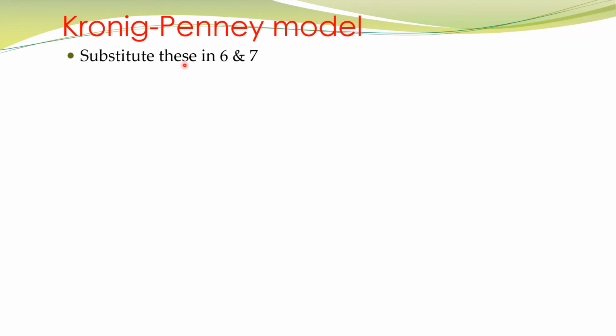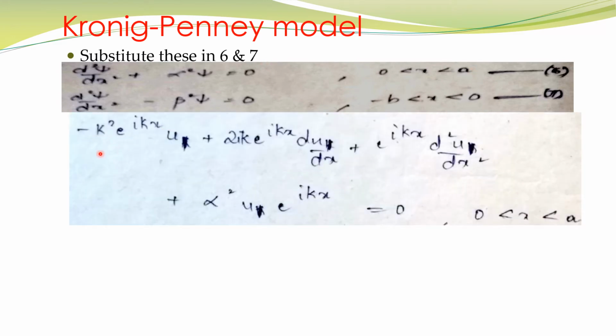Substituting these in equation 6 and 7, we have to substitute psi and d square psi upon dx square. We substitute here in this equation whatever we have got. And while substituting, in place of uk, we substitute u1 for region 1.